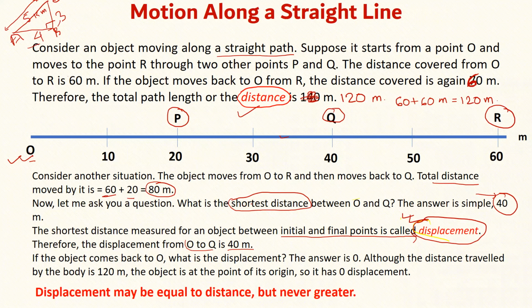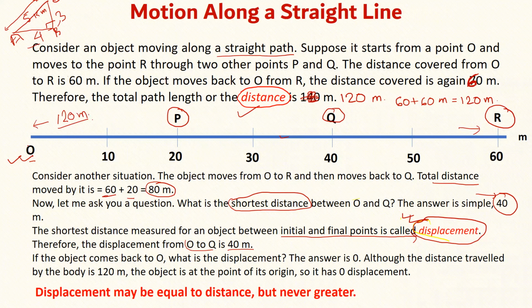Now again, if the object starts from O to R, and then returns back from R to O, that means O to R and R to O, total distance covered would be 120 meters. But what will be the displacement?